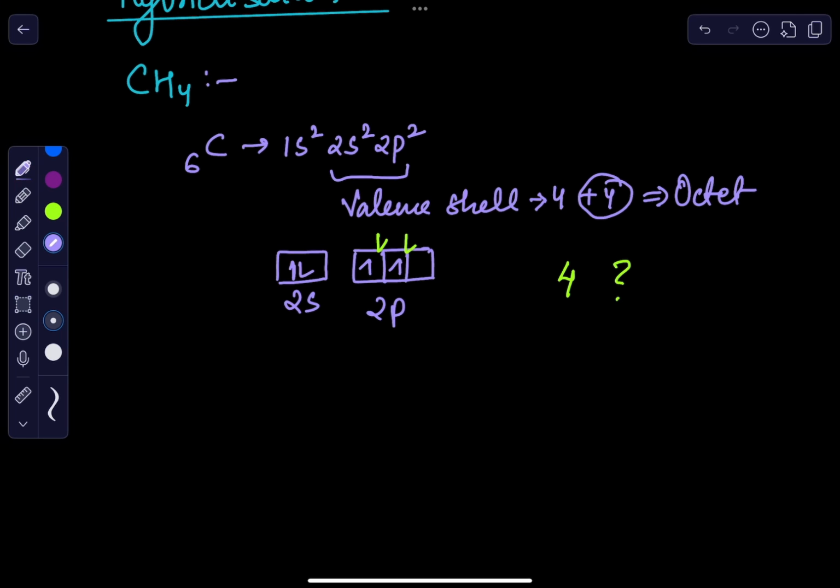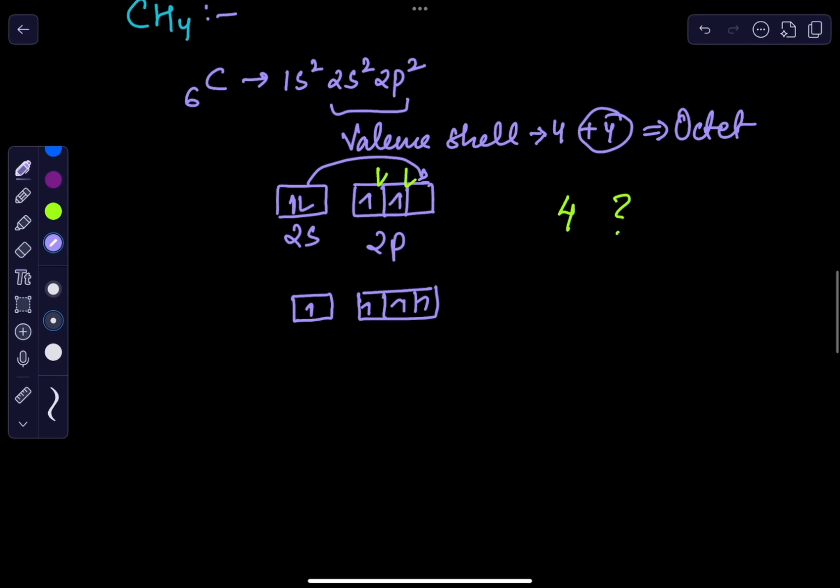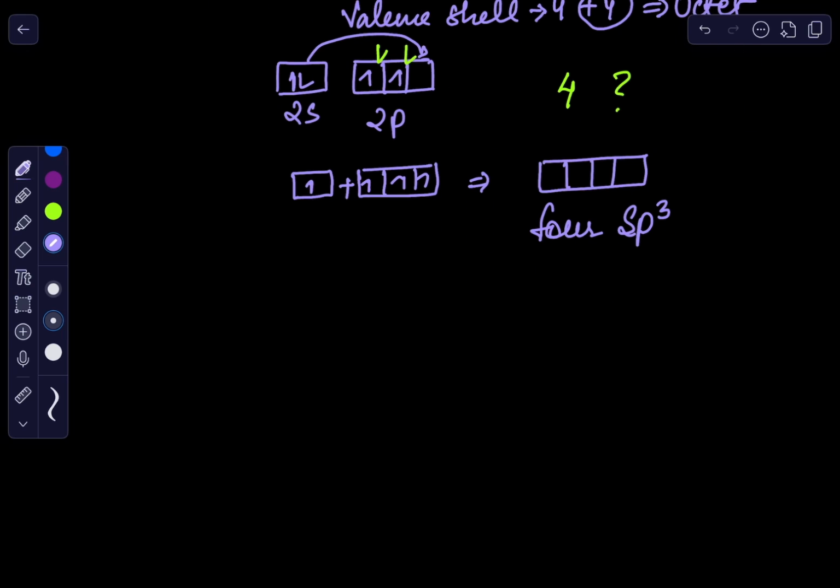So how will it form 4 bonds? If one electron from the 2s orbital jumps to the empty 2p orbital, then it can form 4 bonds. And this is what hybridization actually does, it unpairs the electrons to make the required number of bonds.